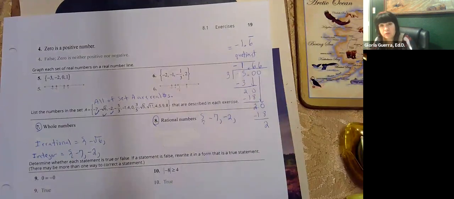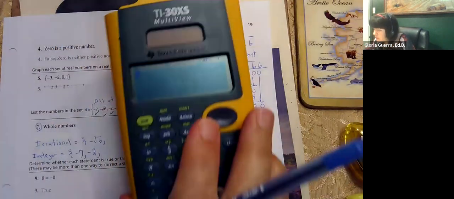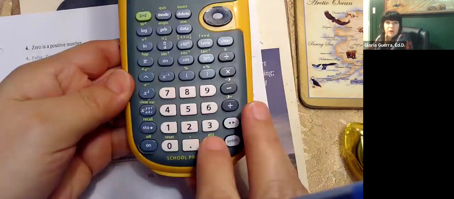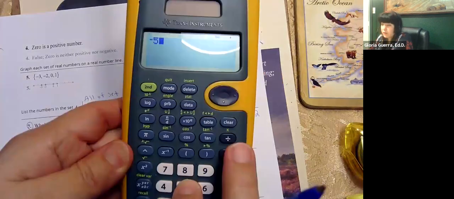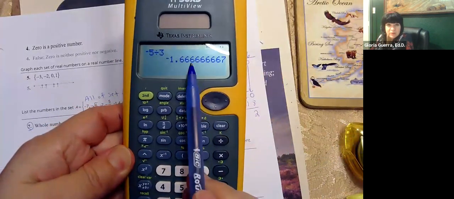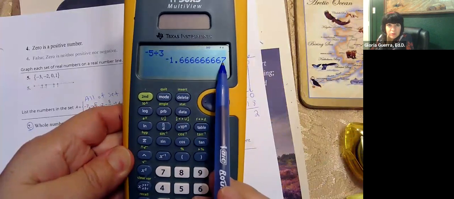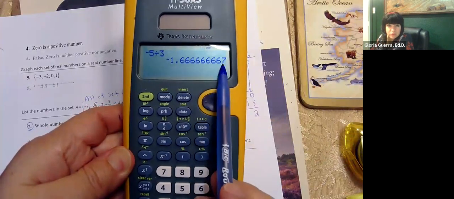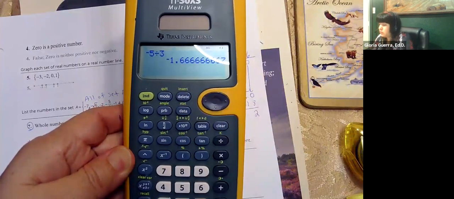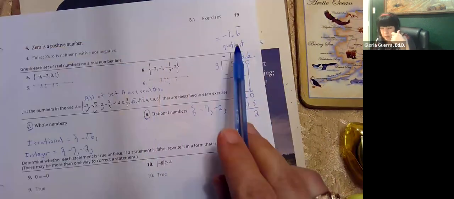Okay. And to show, you should check on your calculator. Negative 5 divided by 3. So the negative is down here. Negative 5 divided by 3. See, it's a repeating decimal. This is really a 6, but the computer program just rounds it off to terminate it. But it really keeps repeating as 6s. So that's why I write it like that.